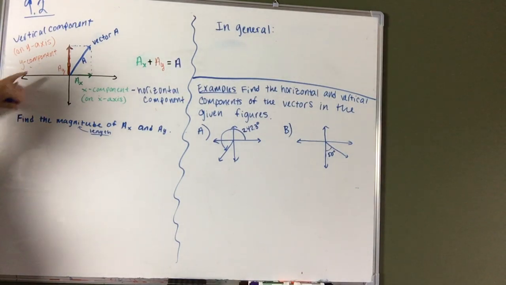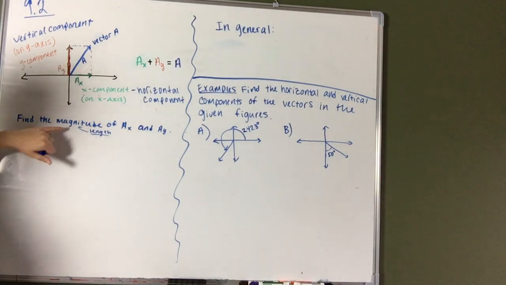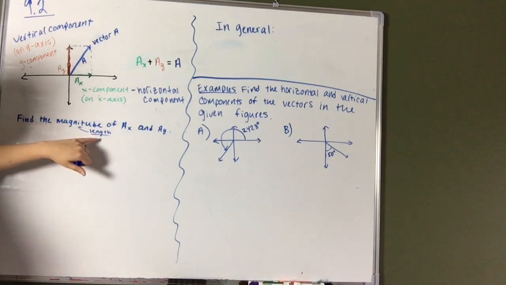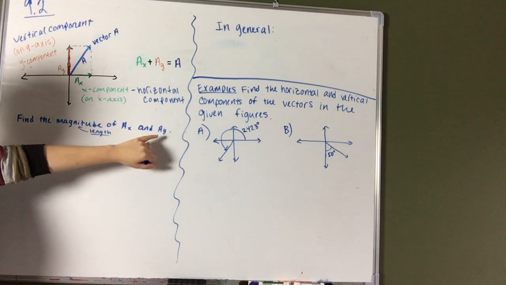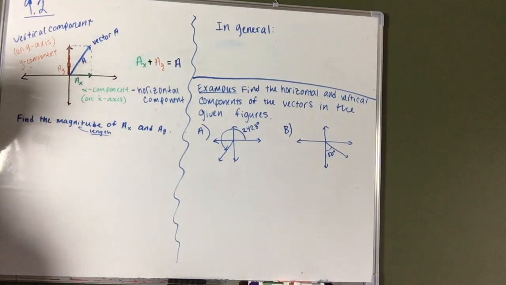What we want to do is look at this picture here and try to figure out, can we find the magnitude, which is the length of the x component and of the y component? We're going to need a little more information here though. So we'll need the length of vector A and we'll need an angle.